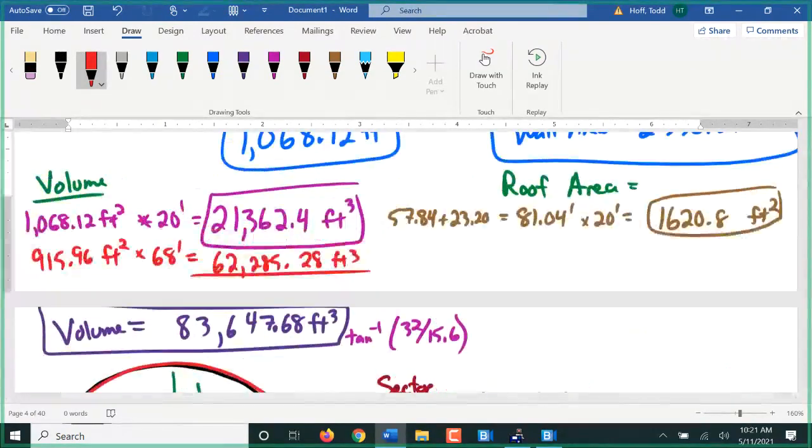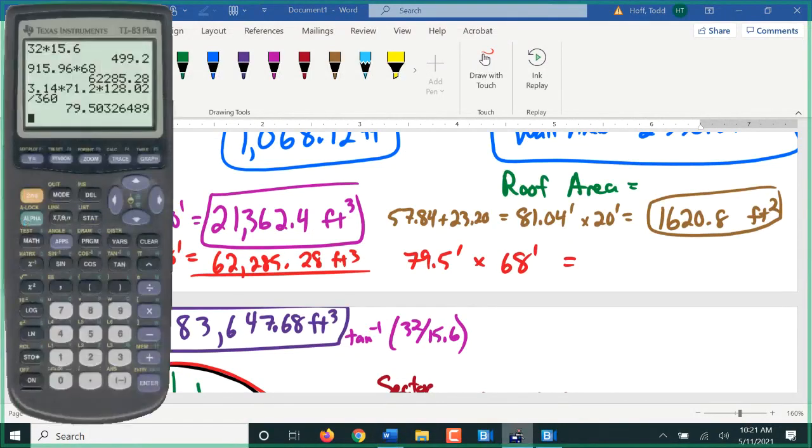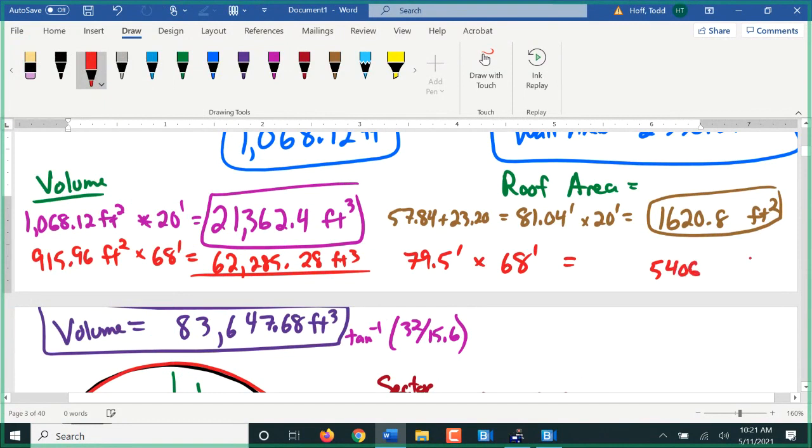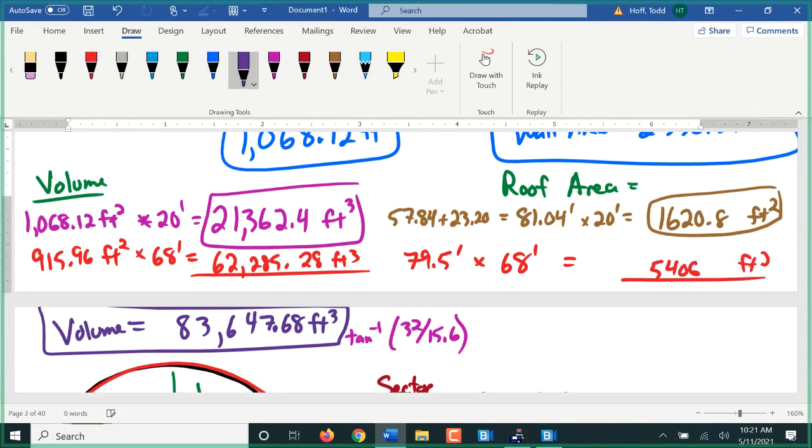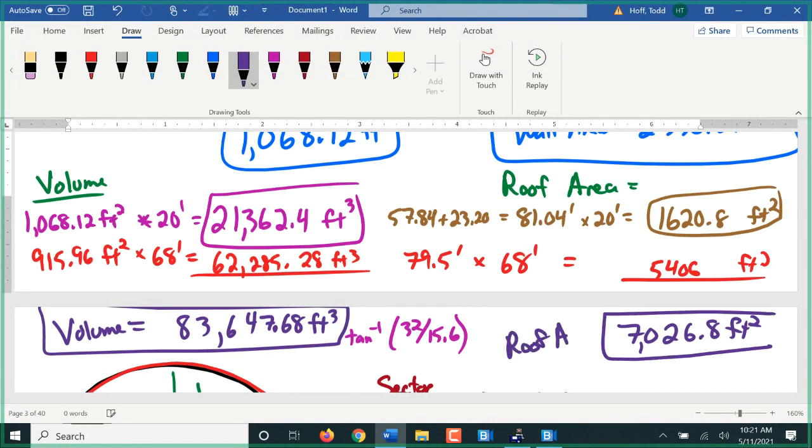So that's going to be 79.5 feet times that run of 68 feet, giving us 5,406 square feet. We add those up. It's 7,026.8 square feet of roof area. Loads of fun.